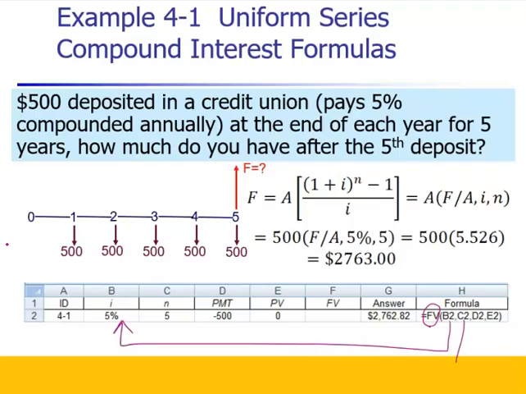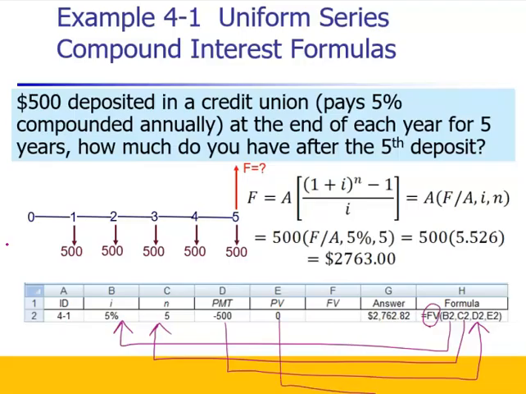Here we put the NPER, the number of periods, and here for the first time we are putting payments. So our payments are not 0 anymore. And for PV, we put 0 because we are not depositing anything now. We are putting everything at the end of each year.